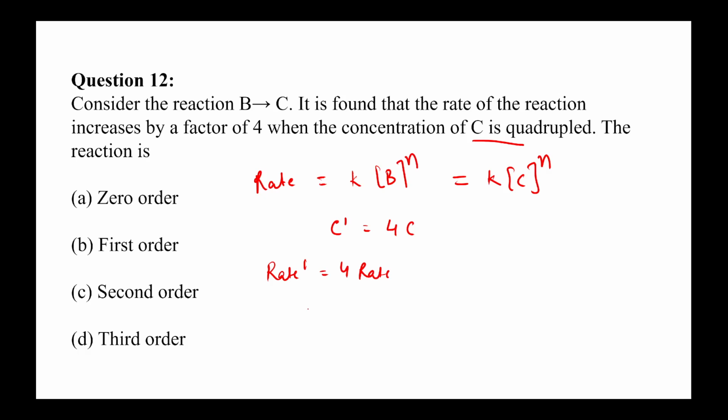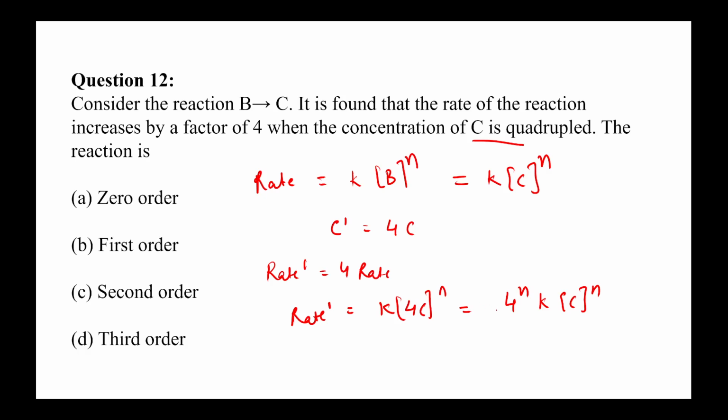So what you have to do is write two different equations. The new rate is equal to K into 4C raised to the power of n, right? So this can also be written as 4 raised to the power of n, with K C raised to the power of n. 4 raised to the power of n is outside.